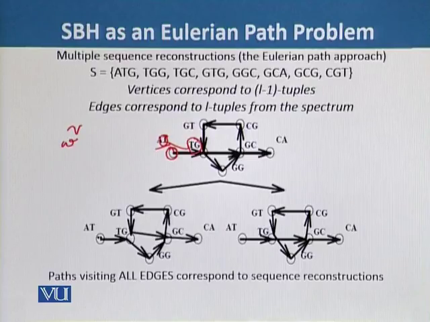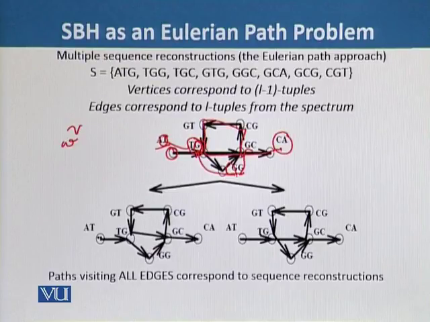Similarly, in the second edge the first nucleotide is G, and the last nucleotide of the previous one is also G. So this G will overlap with this G, and this will continue until we get to the last CA.